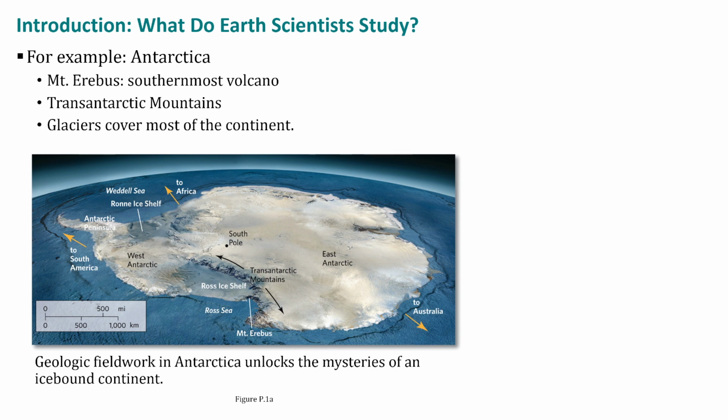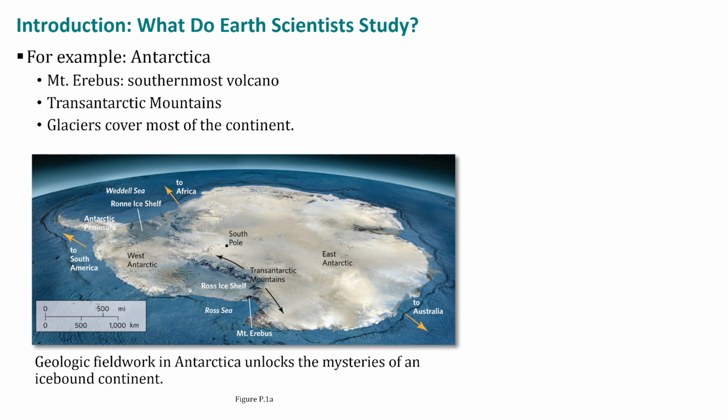These two ice sheets actually sit atop two different pieces of the Antarctic continent as glaciers, and if we're able to see the edges of the continent and the coastline, we see portions where that ice sheet has melted away. So geologic fieldwork in Antarctica can unlock many mysteries of this ice-bound continent.